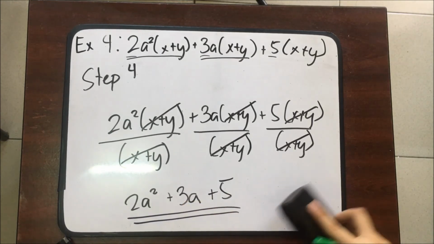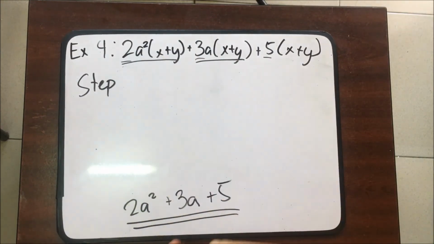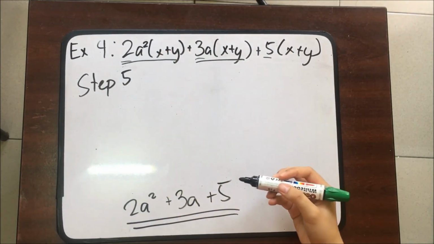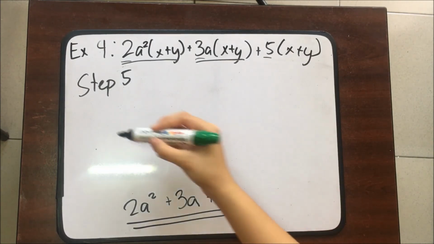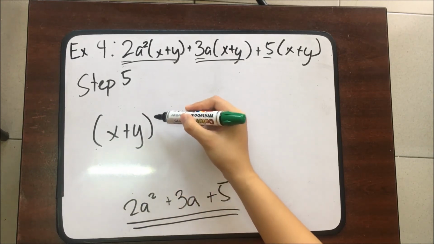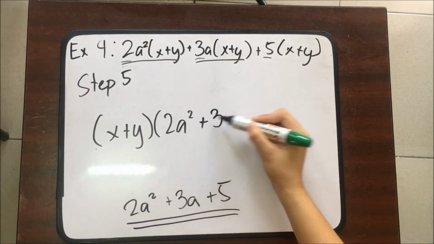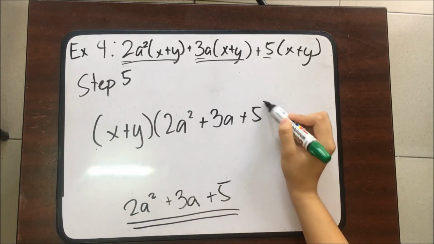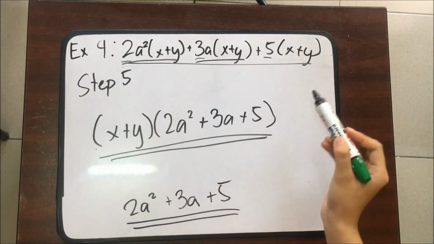Now let's go to step number 5. We will write the factors properly. Now write the GCF first, which is the quantity of x plus y times 2a squared plus 3a plus 5. Now that is the factored form of this polynomial.